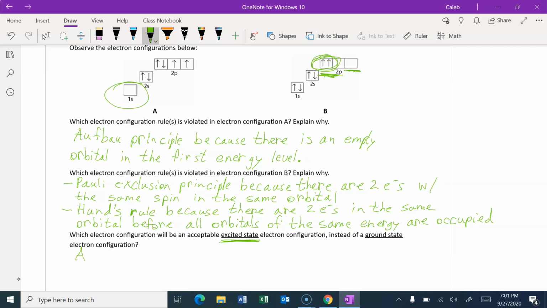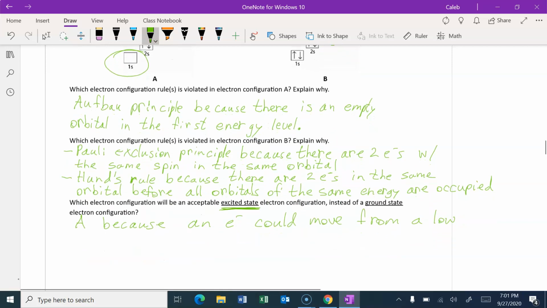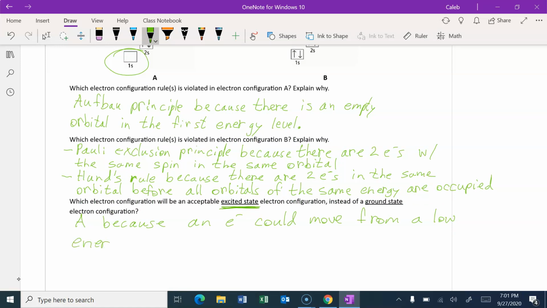A would be acceptable because an electron could move from a low energy level to a higher energy level if it was excited.